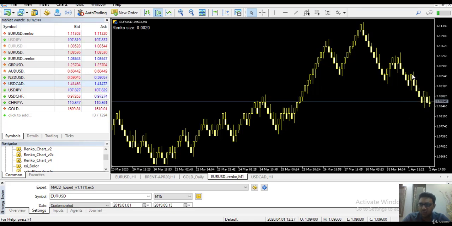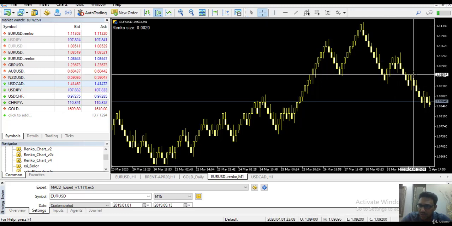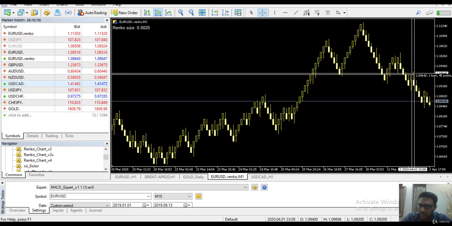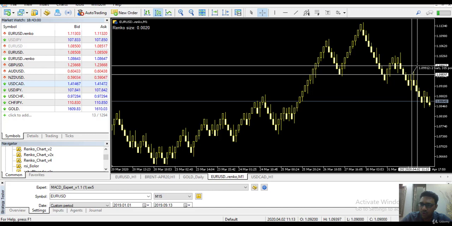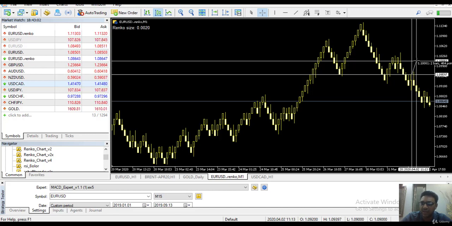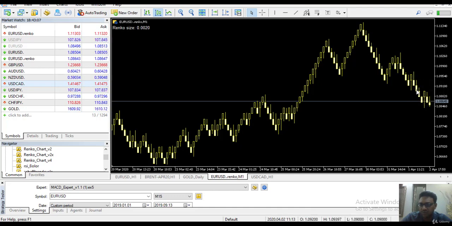And since it moved up 200 points, a new brick was formed, and we can see here at this point, this candle moved up again as well. So it moved a little bit more, around 90 points, and since it didn't move 200 points up, a new green brick or the new upside brick didn't form, and it went down from here.